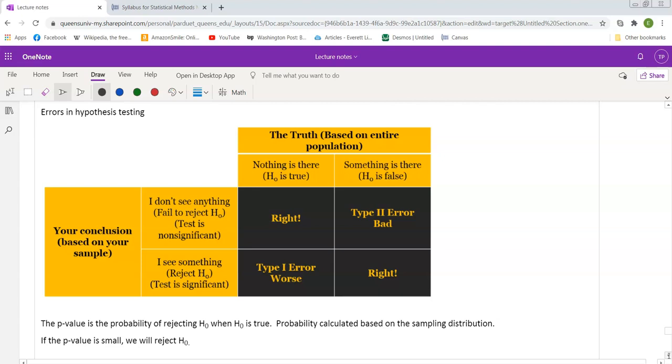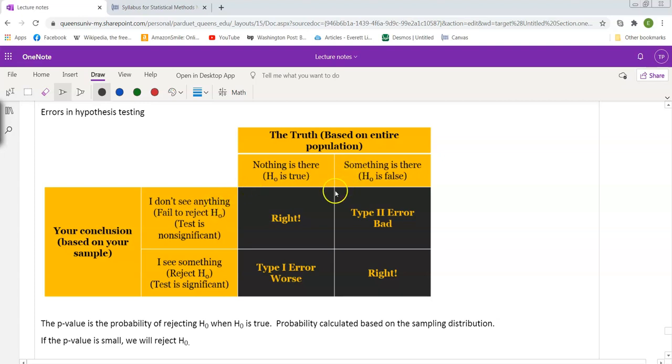All right. So a key part of the logic of hypothesis testing is looking at the possible errors. So there's 4 combinations of things that could happen. We could reject H0 or fail to reject H0.